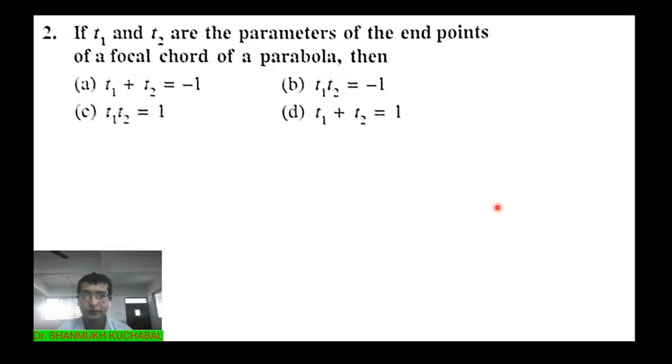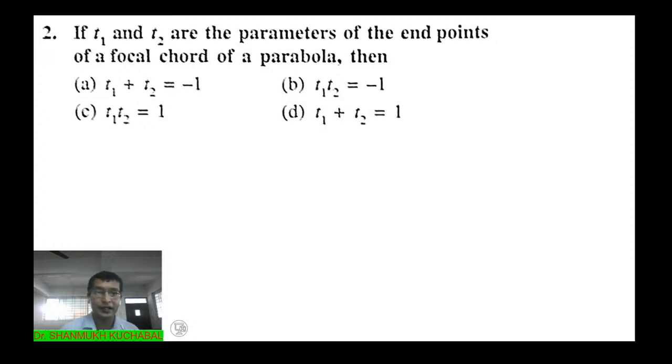Similarly, next, we'll go through the examples based on the parabola. First question: if t1 and t2 are the parameters of the end points of a focal chord of a parabola, then what condition do we have?